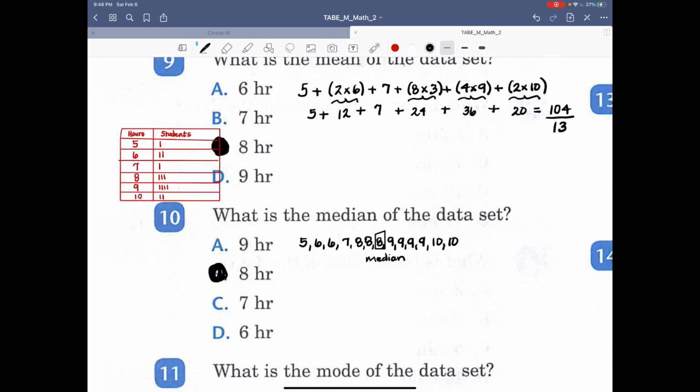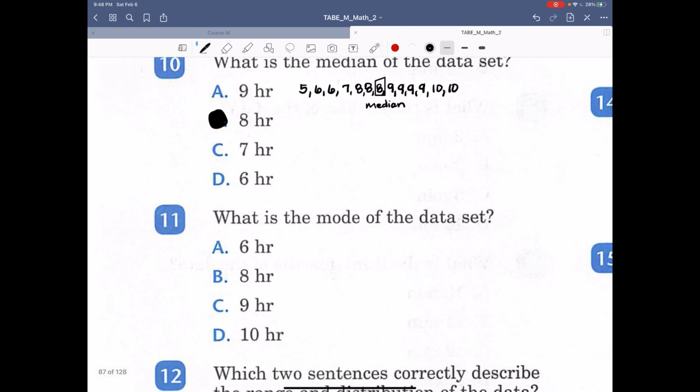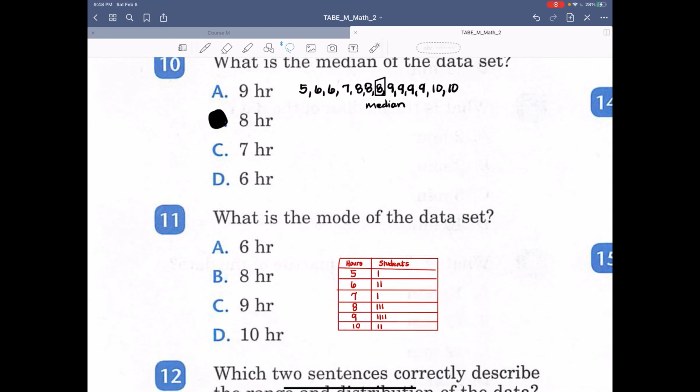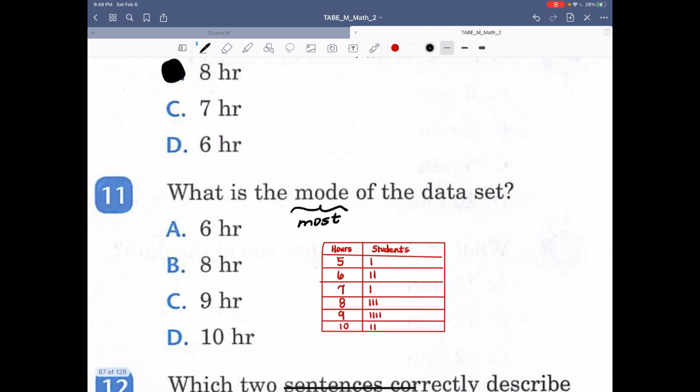That is not at all unusual for them to be the same number, or very close to the same number. The mode, remember that word means most. And most of the students, at least more than the others, said 9 hours. That was the most popular time. So 9 hours.